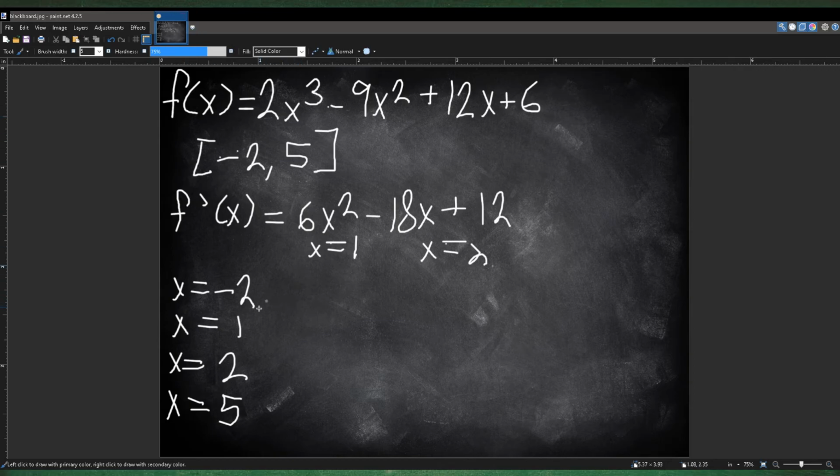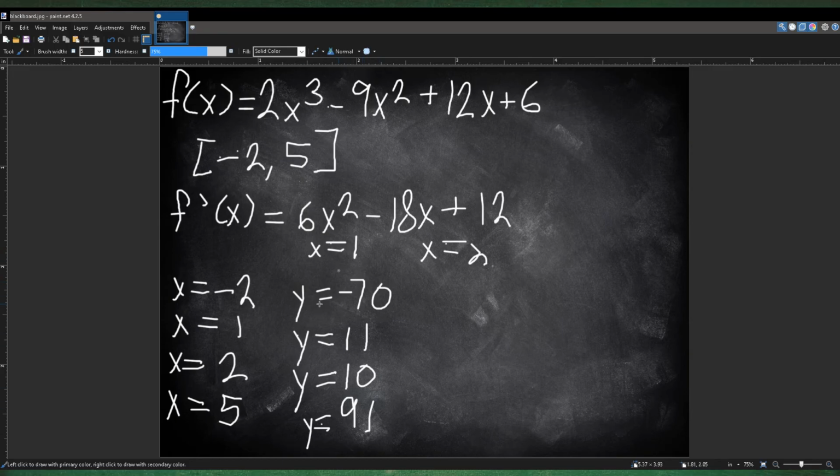If we plug in -2 into f of x, we get y is equal to -70. If you plug in x is equal to 1, you get y is equal to 11. If you plug in x is equal to 2, we get y is equal to 10. And when we plug in x is equal to 5, we get y is equal to 91.